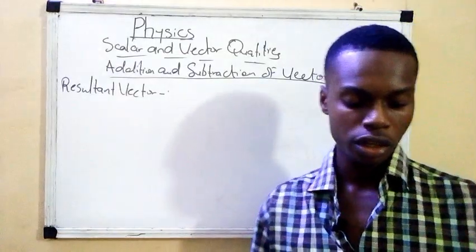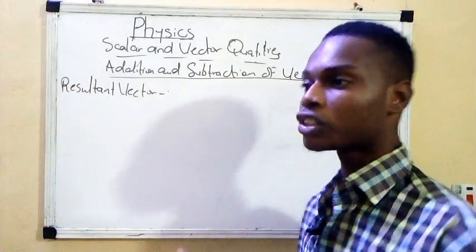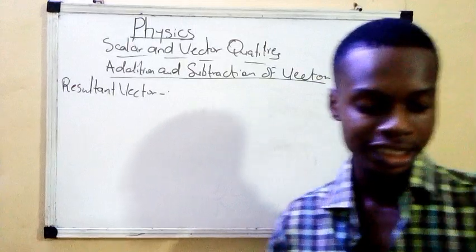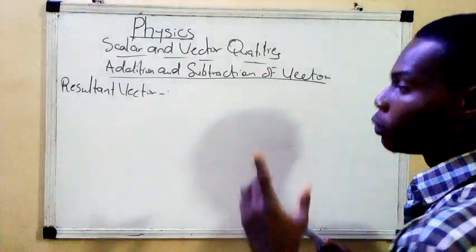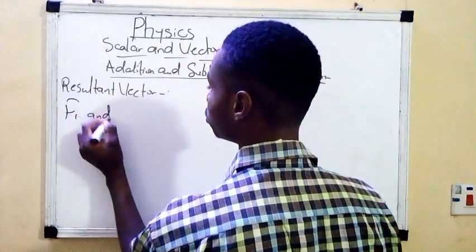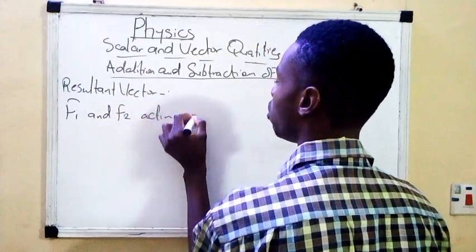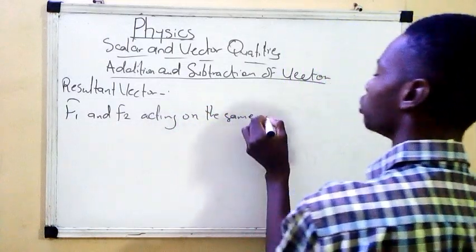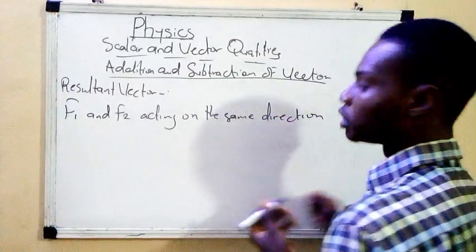Under this, let us say we have two vectors, let's say two forces, F1 and F2, acting on the same direction. Are you following? Alright, two forces acting on the same direction.